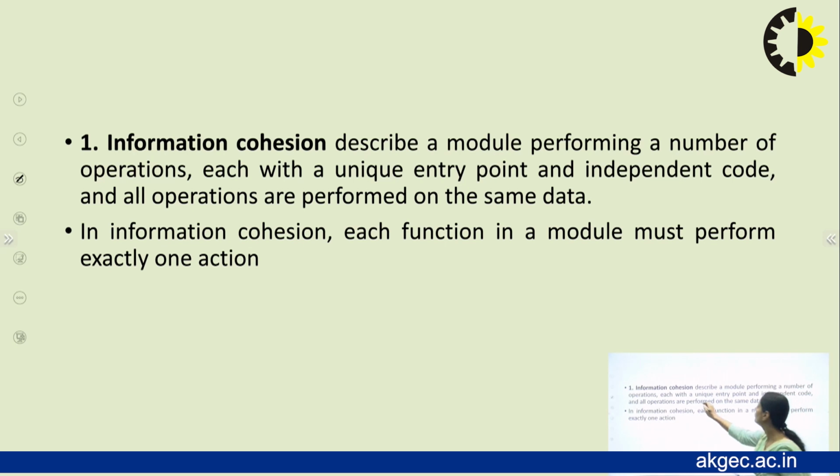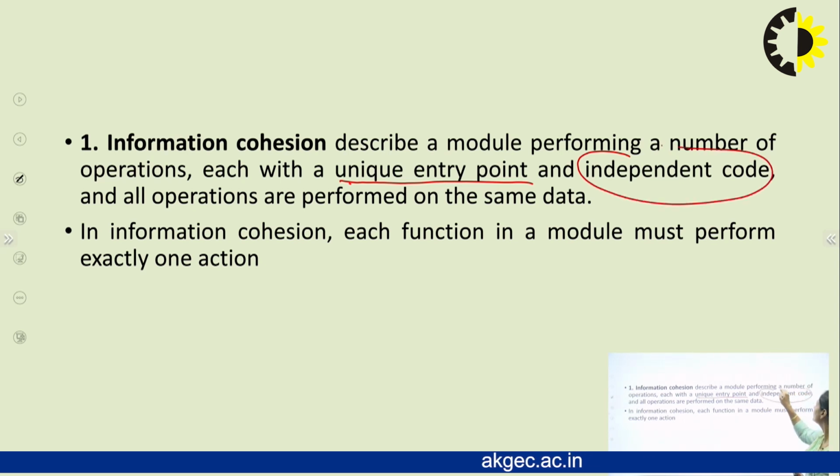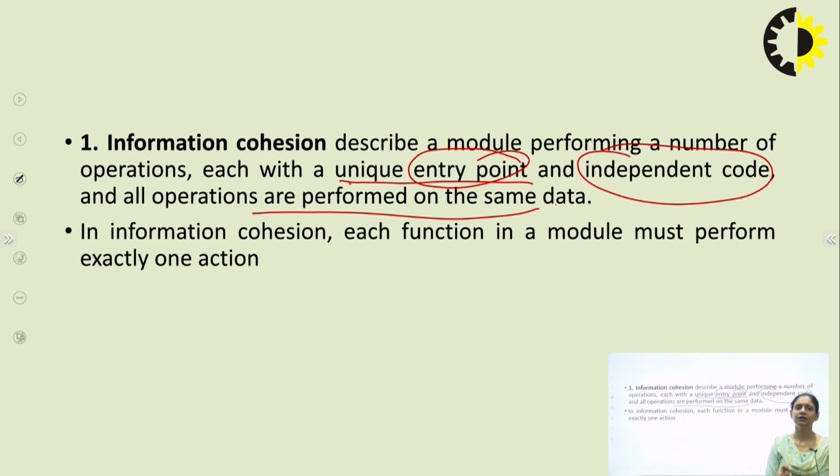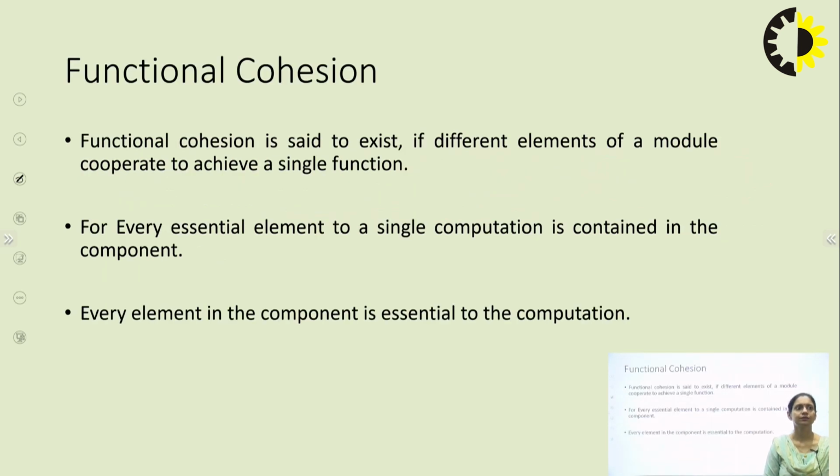So, here we have a single input, that input is being executed by independent code, and all the operations are being performed on the same data that is being input from here. In information cohesion, each function in a module must perform exactly one action. Only one action needs to be performed, and no other actions are performed.